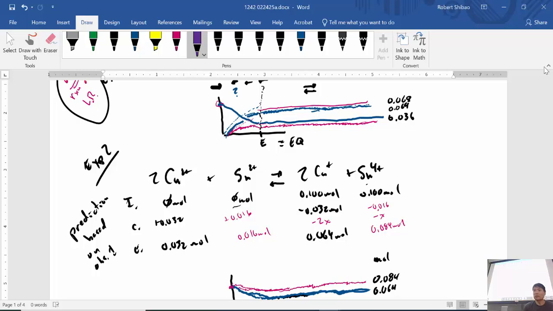So what was the percent reaction? 32% reaction. We lost 32. So if you start off with 100 people and you lose 32 people, what percentage of the people did you lose? 32%. You can call that percent reaction because that's how much actually reacted. 64% is left over unreacted.